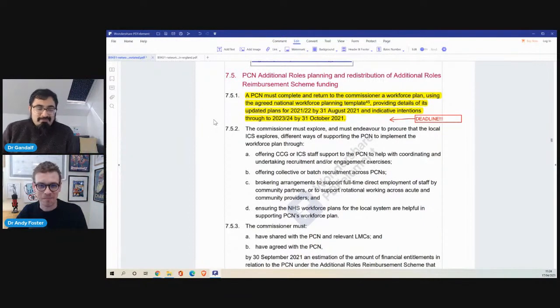It's a good question. Just on the flip side of that, Gandhi, and this is just a very quick general comment because that reflects some conversations we've had within our primary care network. A lot of these additional roles require a lot of input from practices in terms of supervision and support, and often they're new roles and developmental roles and training roles, and some of our practices feel that's quite a big burden.